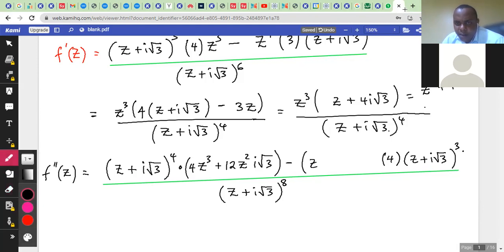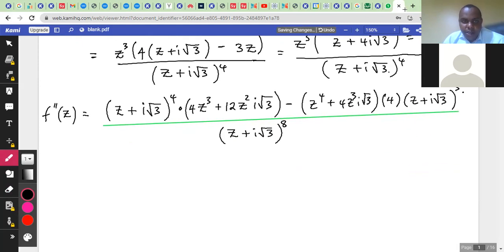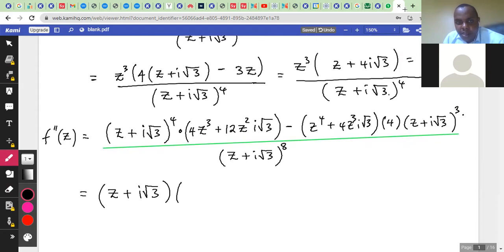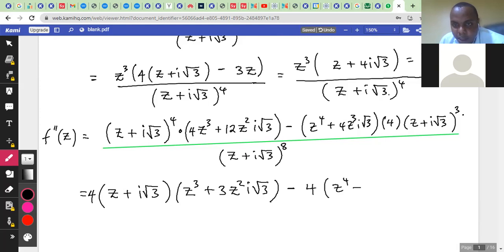So this is z to the fourth plus 4z cubed i root 3. If we factor that out, then this is going to be z plus i root 3, and then this will be 4 times (z cubed plus 3z squared i root 3) minus 4 times (z to the fourth plus 4z cubed i root 3).